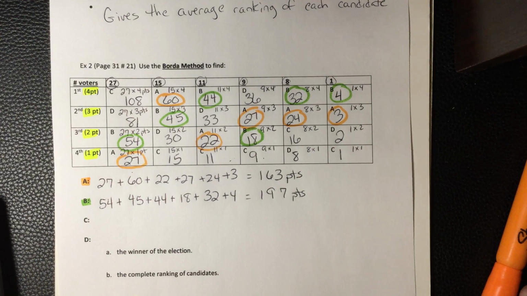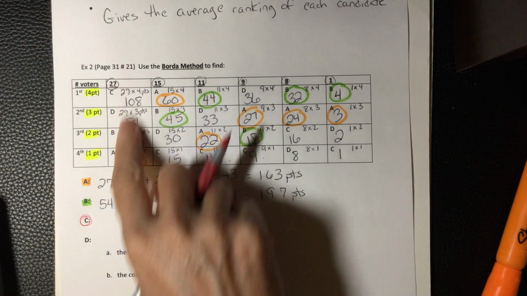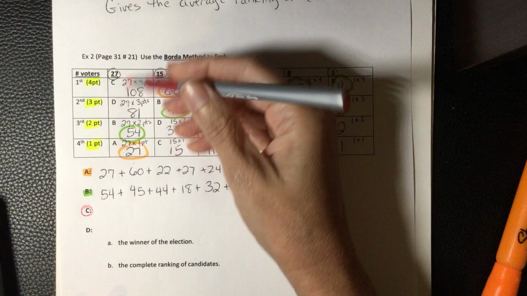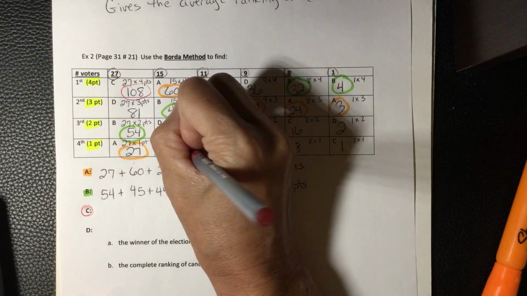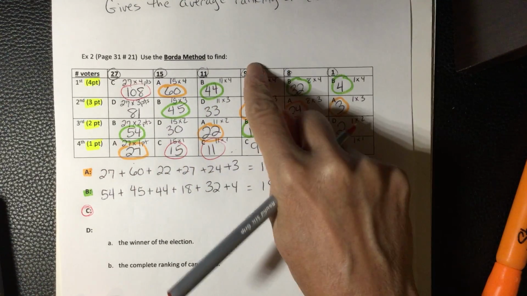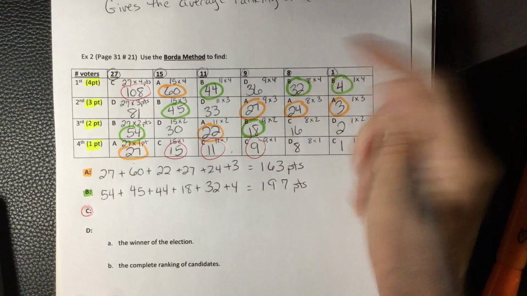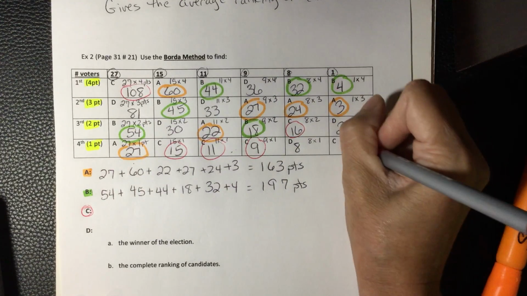All right, let's find a different color. I'm out of highlighters, but I'll do red for C. So it should get a little easier as you go because you've got more of them already used. So we have 108, 15, this column is 11, this column is 9, this column is 16, and this column is 1.